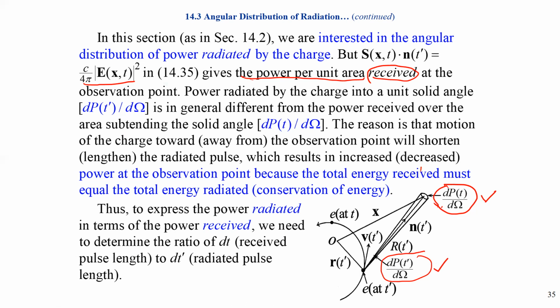The reason is that motion of the charge toward the observation point will shorten the radiation pulse. If this is the observer, and the charge radiates a signal and also moves in the same direction, then the pulse will become shortened, which results in increased power at the observation point.